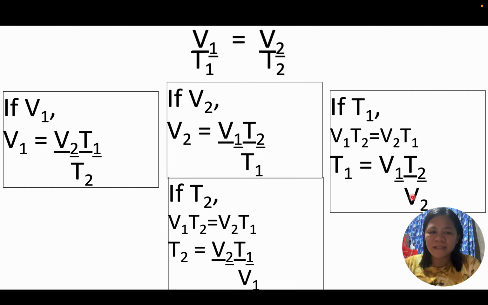Same yung gagawin na step if T2 naman yung hahanapin. Since alam niyo na kung paano gawin to, proceed na lang ako. So we have T2 right here. Ang katabi niya is V1, so simple yung gagawin, ibababa lang natin siya. Okay?